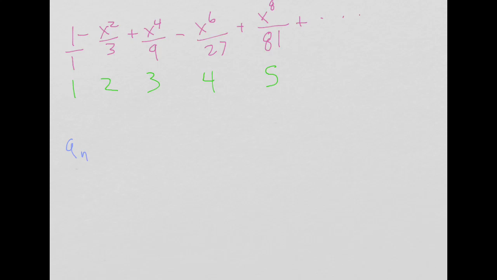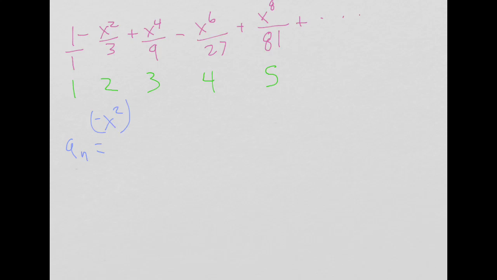So a sub n is going to equal, and also notice each time that the exponent, if you remember, we're increasing by powers of negative x squared. So each time the exponent on that expression is 1 less than your term number.